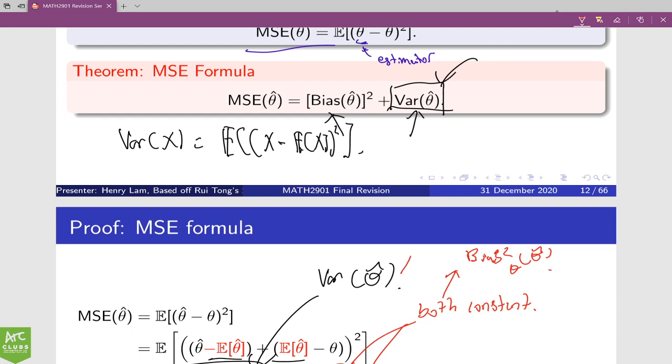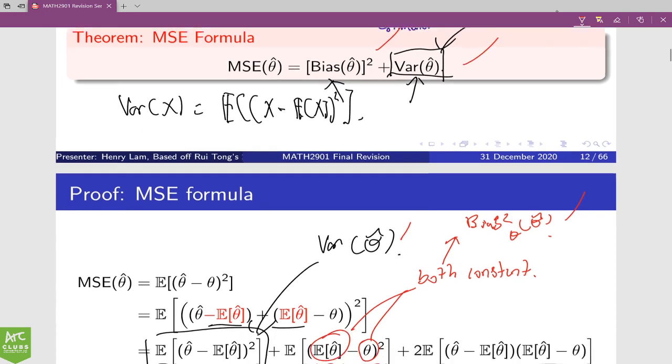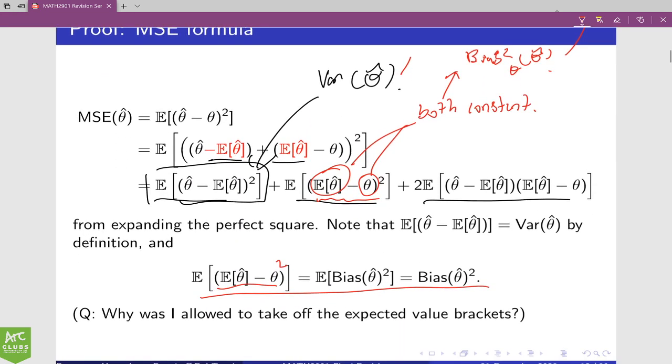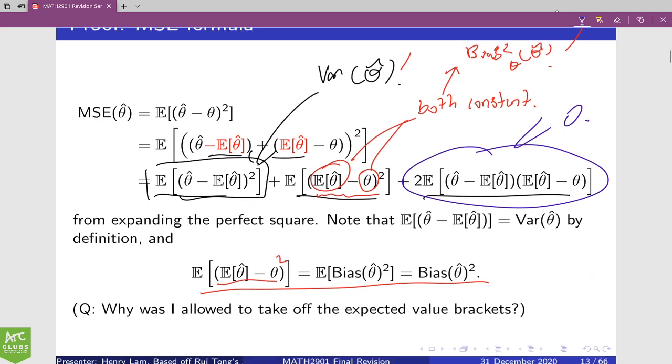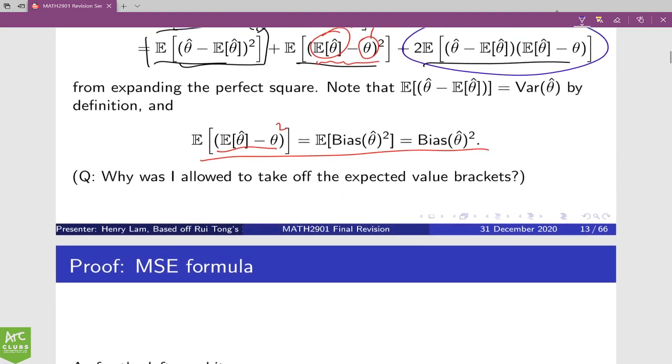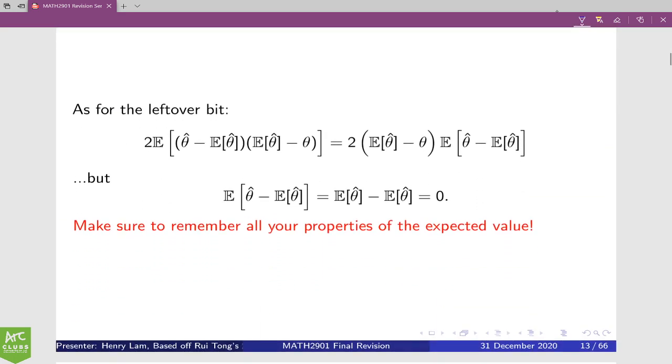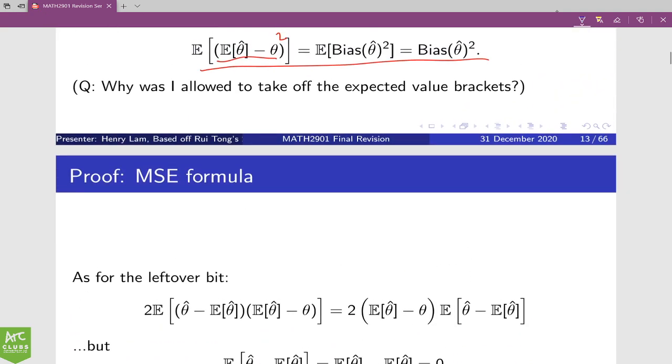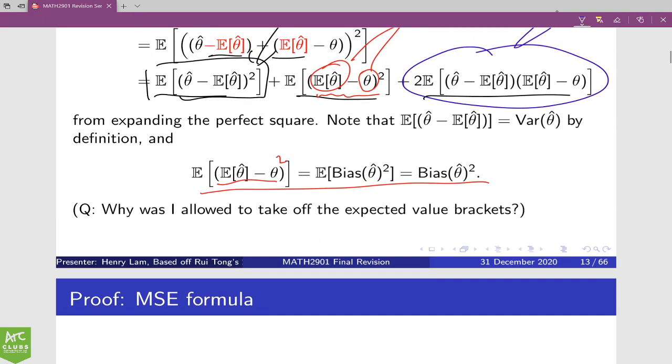So we have the two components now. We have this and this. So you just need to show that this remaining part over here is actually equal to 0. If you do, you're good. So just focus on that part now. If you recall earlier, over here, the first part was random. The second one was constant.